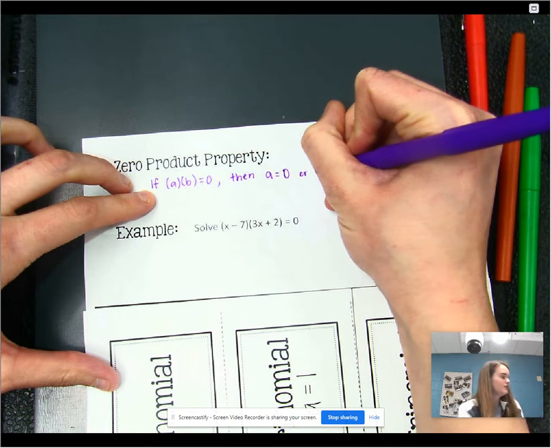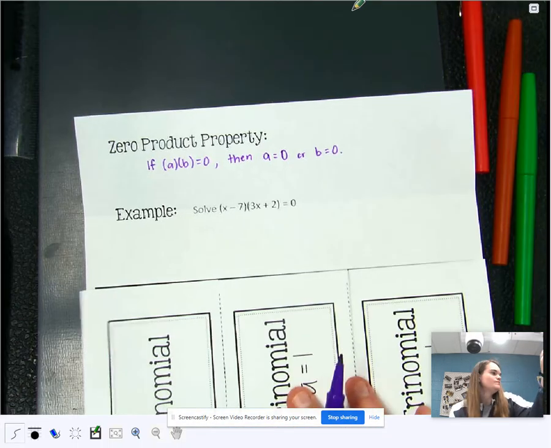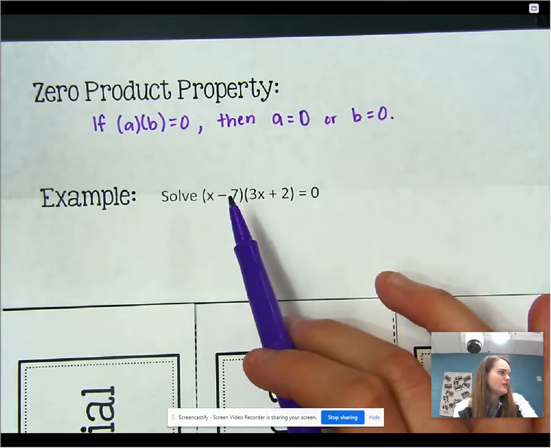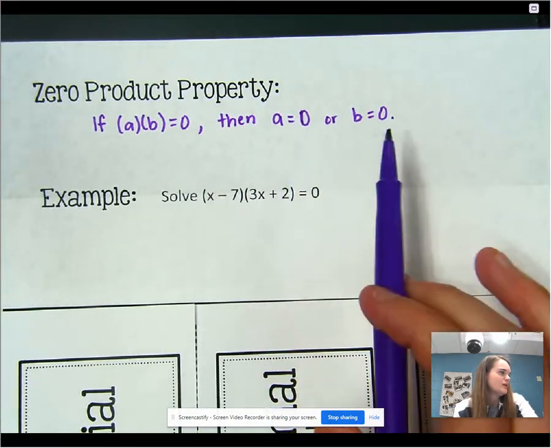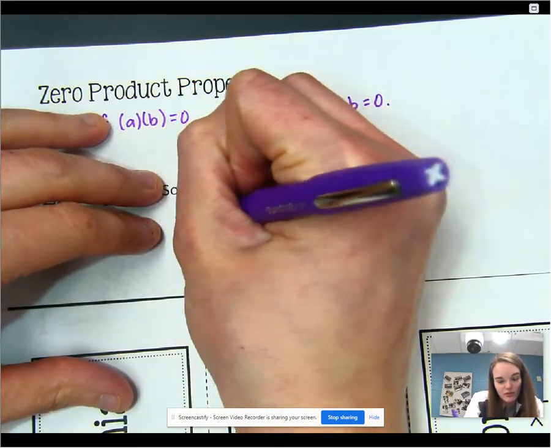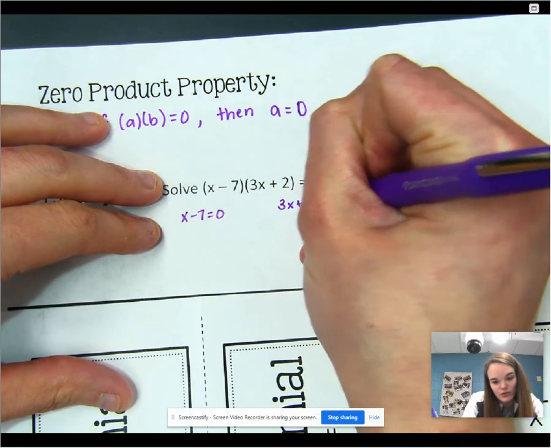So what that means, and it froze again, evidently we're going to have that kind of day, is that to solve these, when they're factored out like this, we have factor 1, factor 2, we're going to set them equal to 0. So we will have x minus 7 equals 0, and 3x plus 2 equals 0.